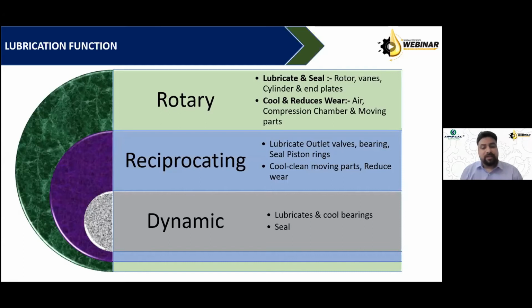In case of dynamic compressors, that is the centrifugal compressor and the axial compressor, there is no such chance of cross contamination. But they have heavy bearings, similar to what we have in turbines and large size gearboxes. And these bearings do have a lot of wear and tear in them.